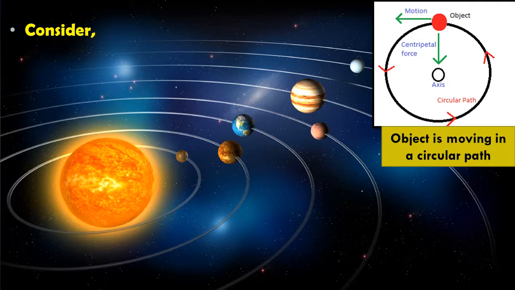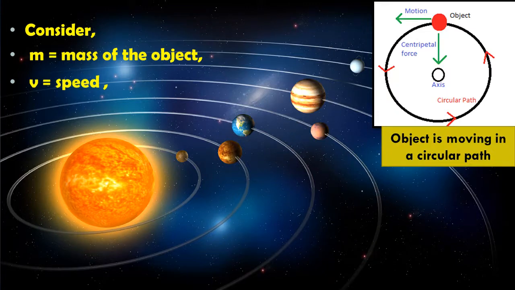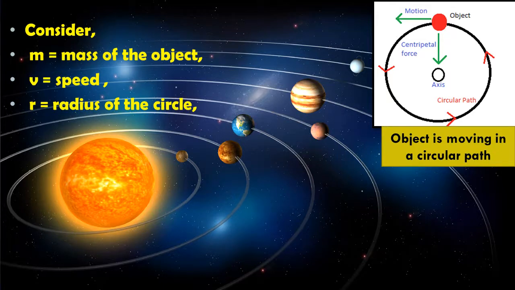Consider m to be the mass of the object in a circular path, v its speed, and r the radius of the circle, or the distance between the object and the center of the circle.